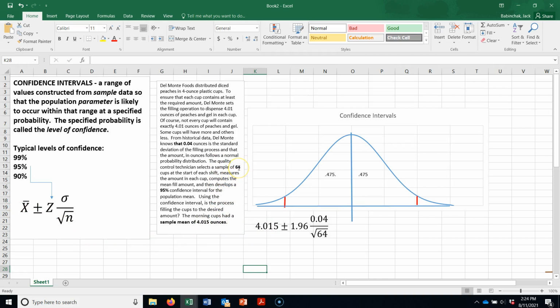That was from the 64 cups that were pulled in the morning. Plus or minus 1.96, which represents our 95% confidence interval, times, I could put parentheses around it, our population standard deviation, 0.04 ounces, divided by the square root of our sample size, which is 64.